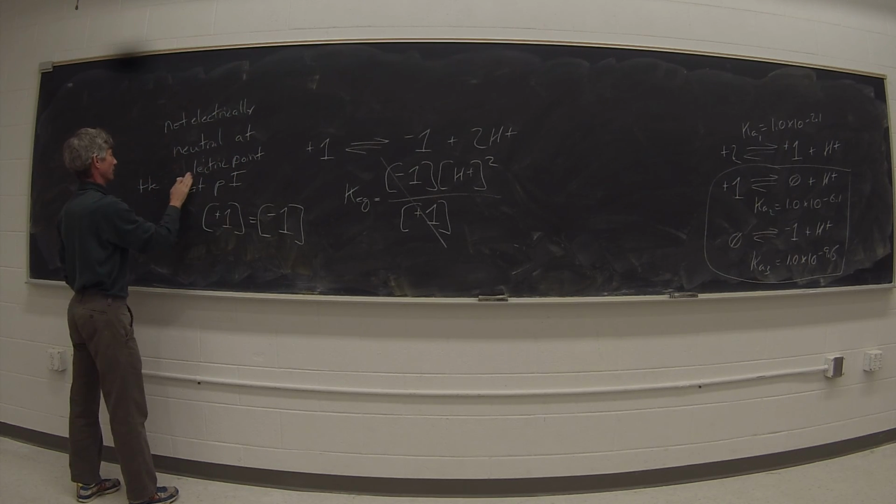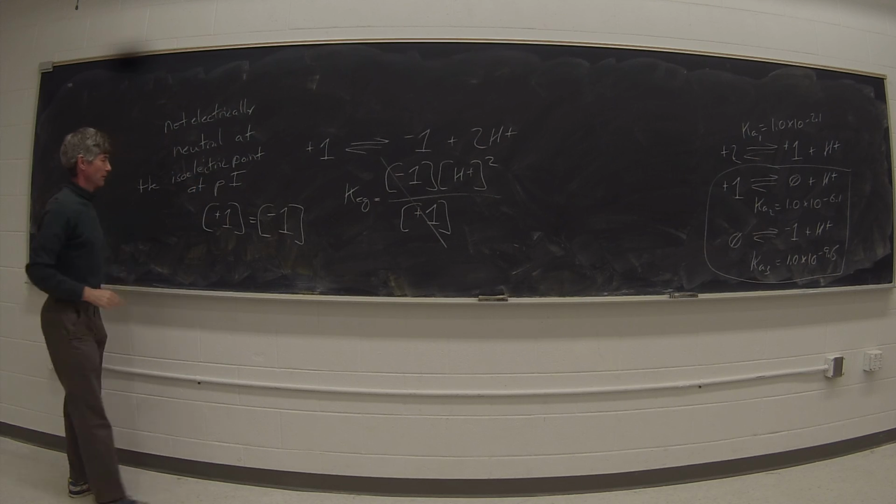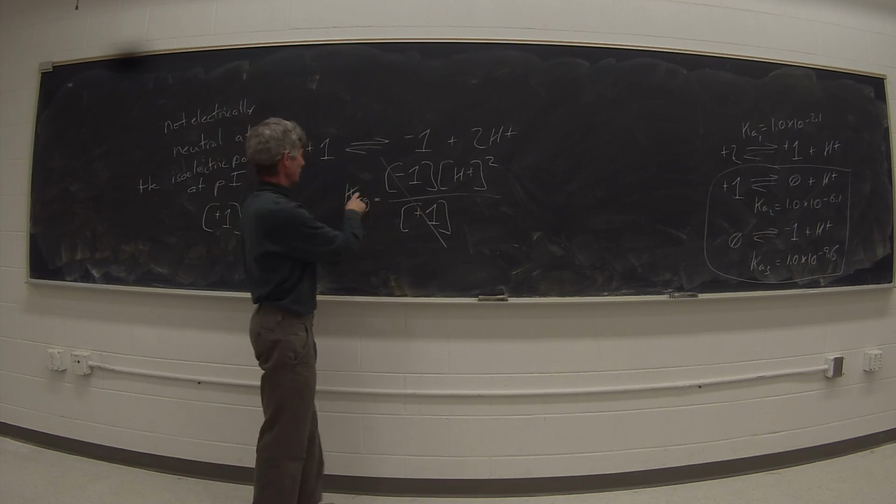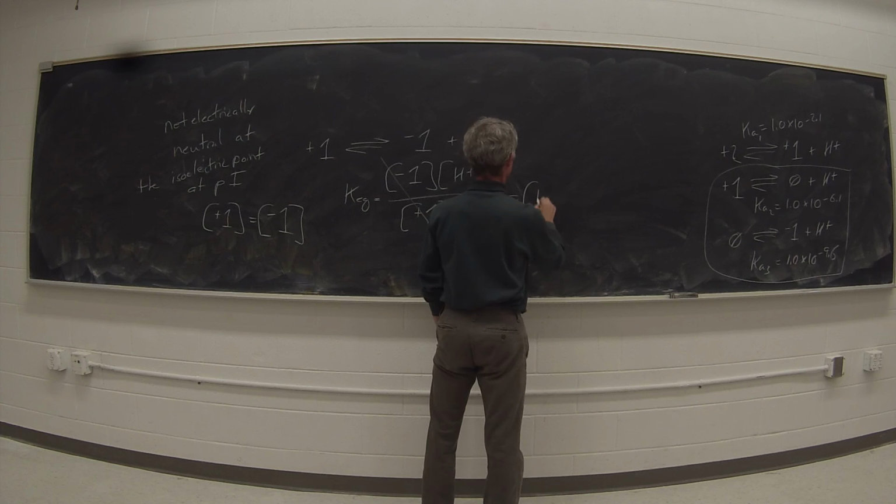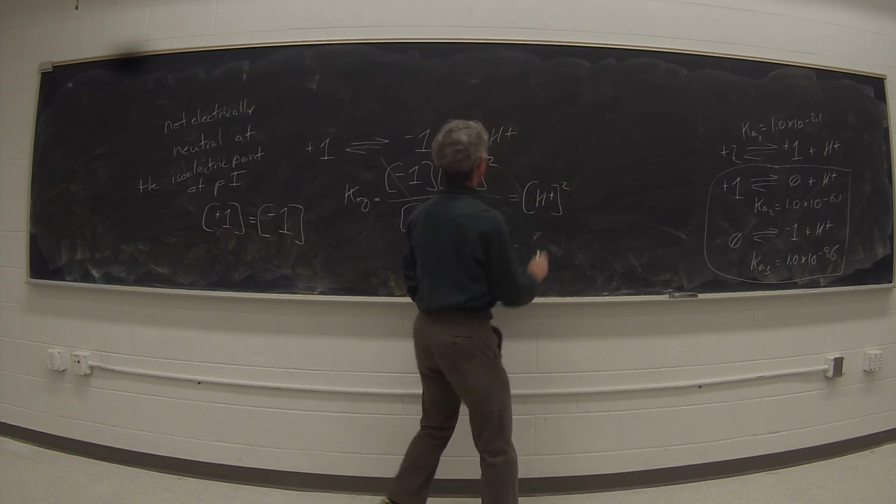So we can cancel those out. The equilibrium constant is then simply equal to the square of the hydrogen ion concentration.